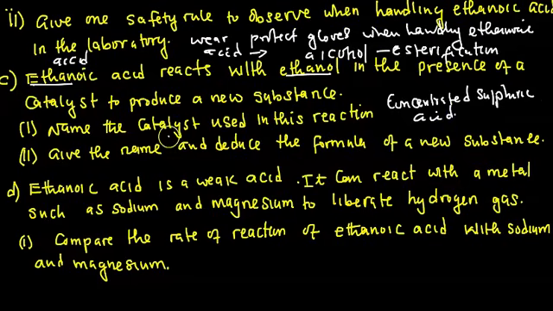Give the name and deduce the formula of the substance. Here, let me take a bit of time to explain about esters. For the ester naming system, the first part of the name comes from the alcohol. The second part comes from the acid.